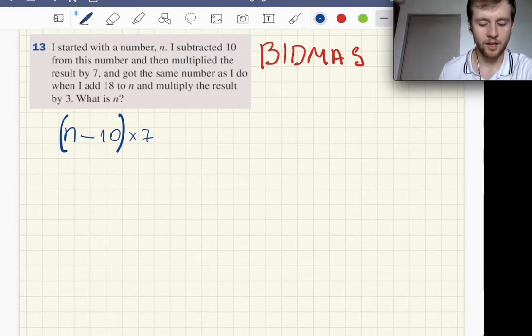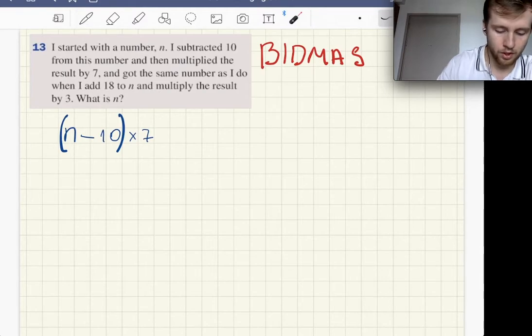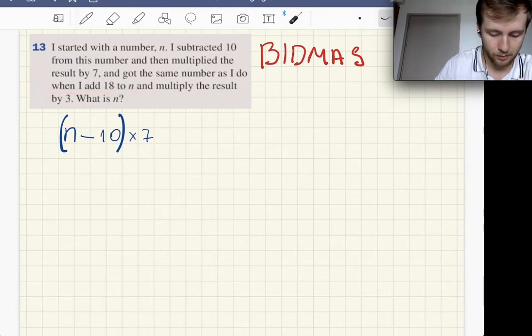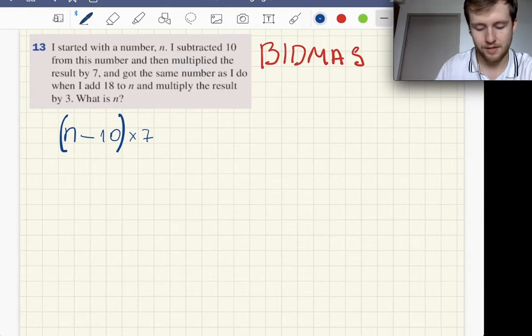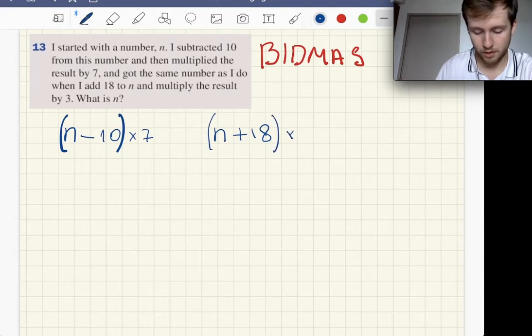So n minus 10 times 7, and I multiplied the result by 7 and got the same number as I do when I add 18 to n and multiply the result by 3. So I add 18 to n, n plus 18, and the result I multiply by 3.